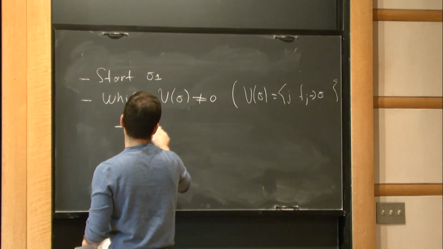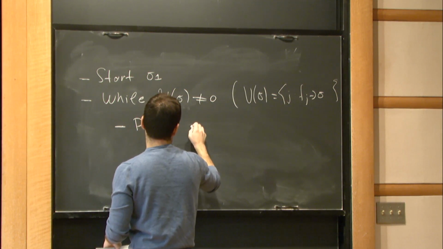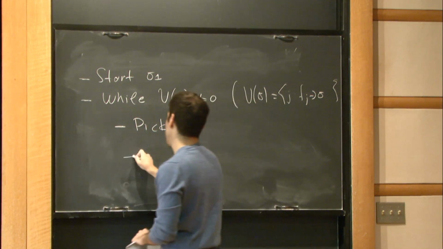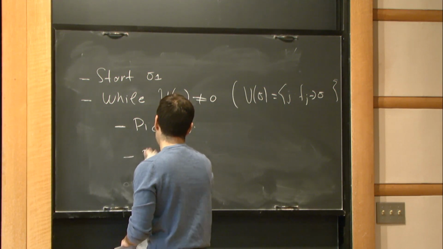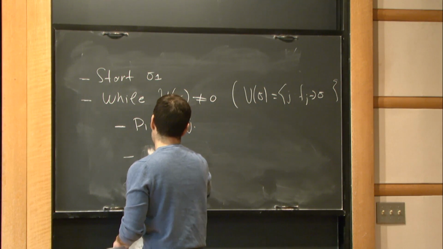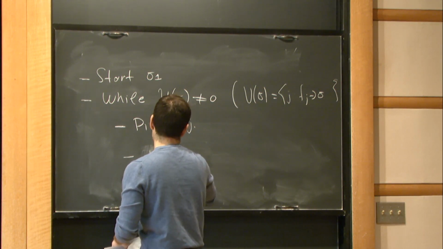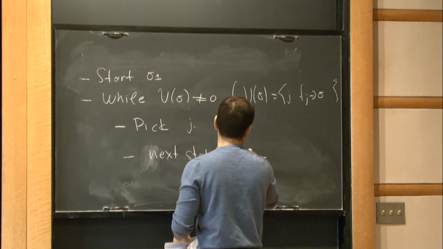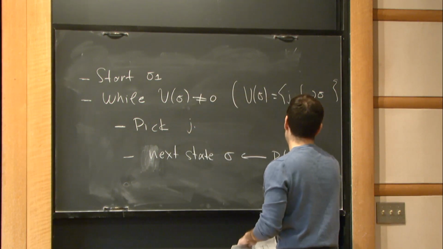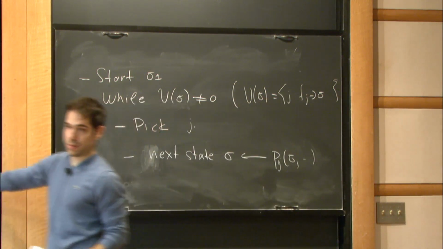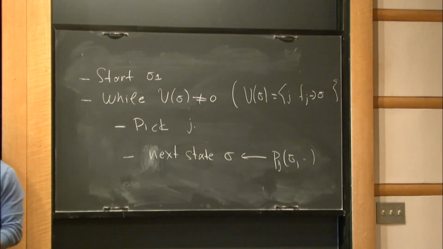So let's say pick one, pick j, focus on one, and then sample the next state from this distribution that corresponds to the flaw of the constraint you picked.